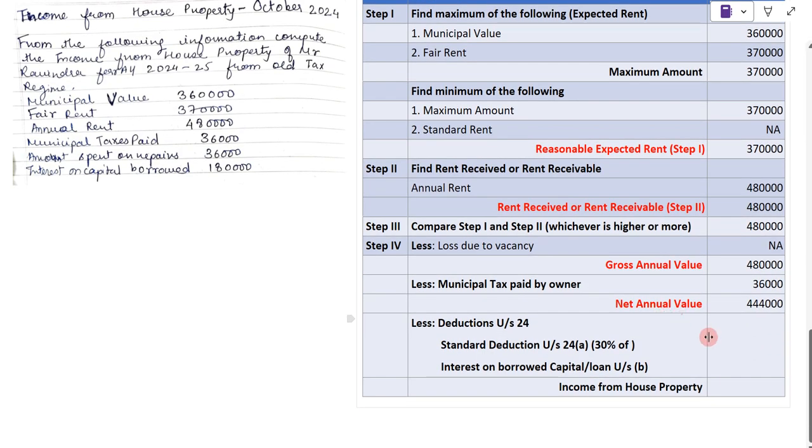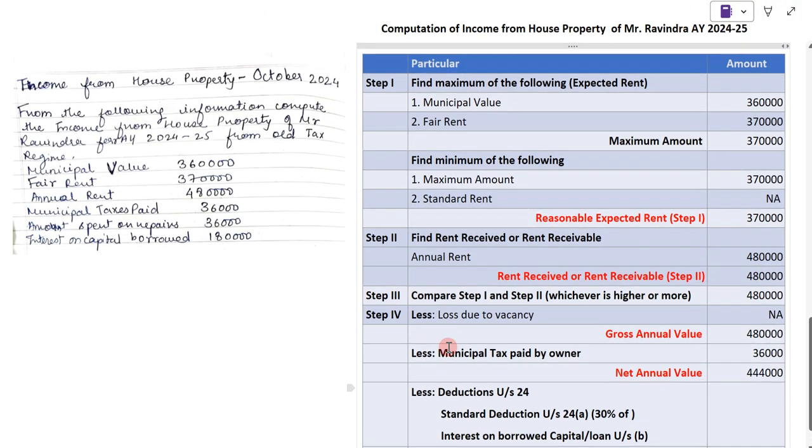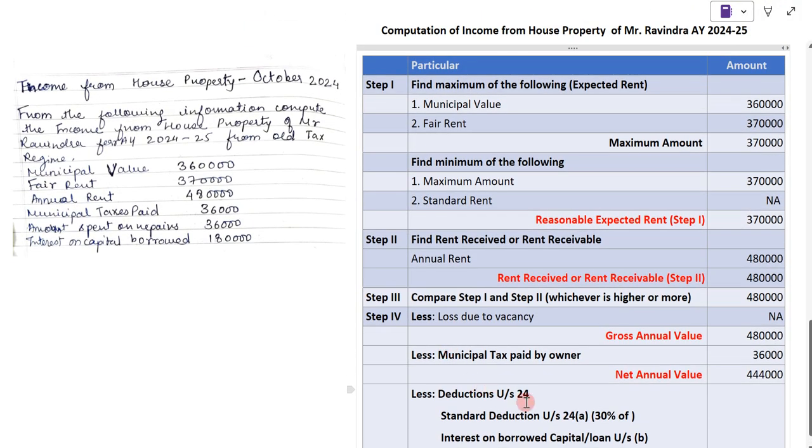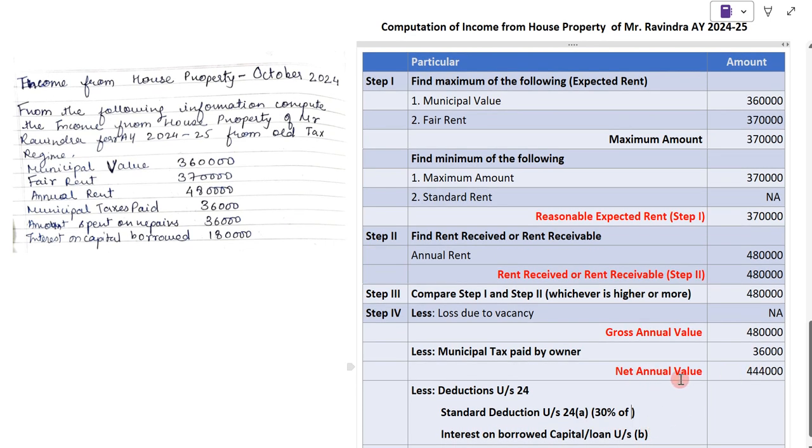Now from this net annual value, we have to do the deduction under section 24. Under section 24, we have to deduct standard deduction and interest on borrowed capital. The standard deduction as per section 24 subsection A is 30% of net annual value.